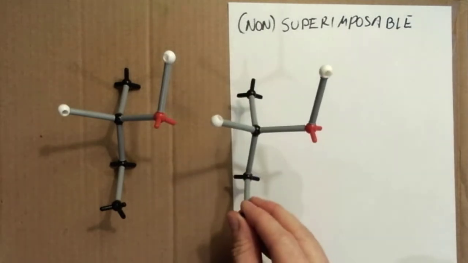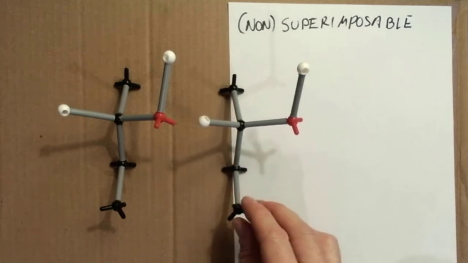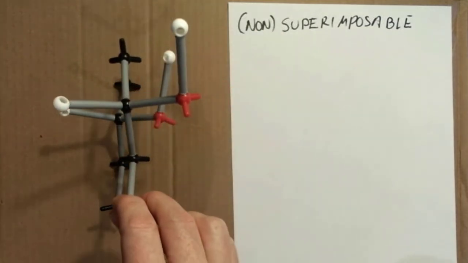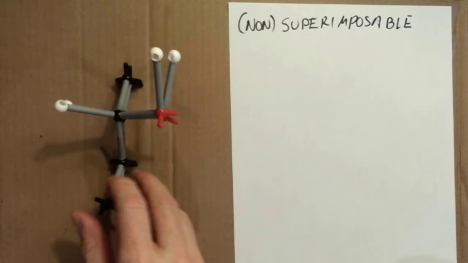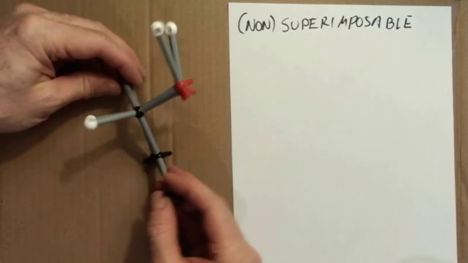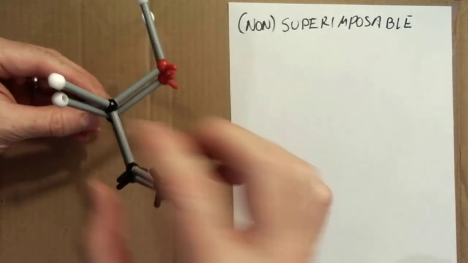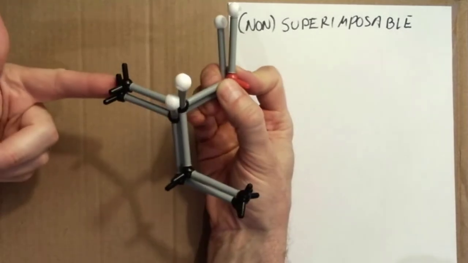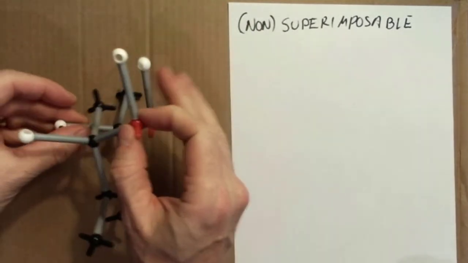Either you build a second one that's identical to the first one, and superimposability would be to literally be able to pick up one and set it down on top of the other so that everything matched. Notice here that the carbon chain is perfectly lined up, the number 2 carbons are on top of each other, the hydrogens match, the OHs match, the methyls or CH3s match, and the CH2CH3s match.